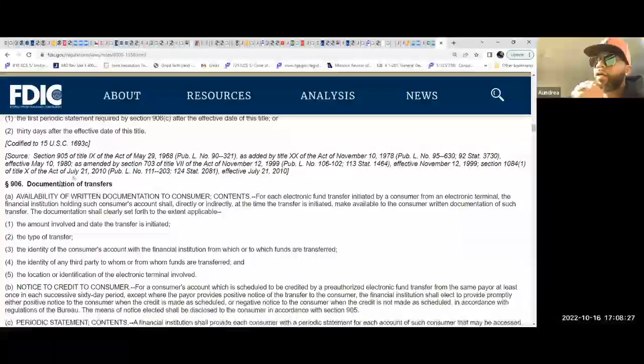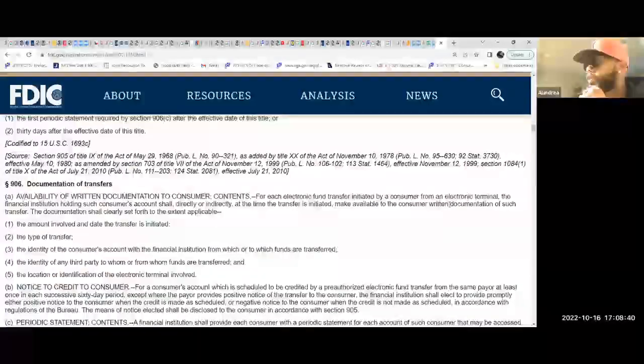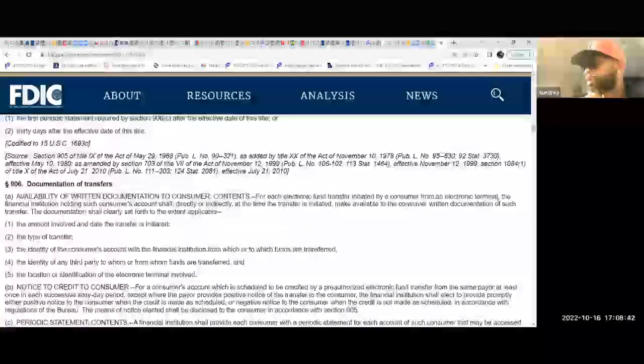Now, documentation of transfer, availability of written documentation to consumers, content for each electronic funds transfer initiated by a consumer from an electronic terminal.